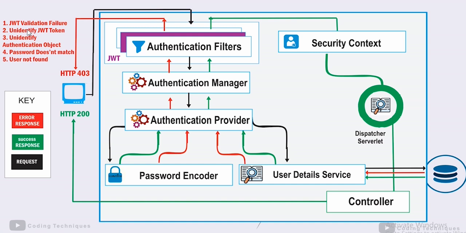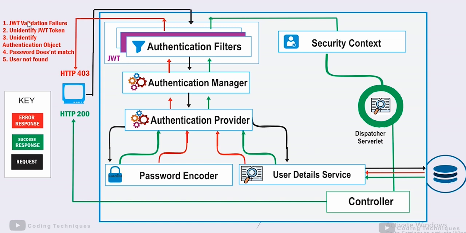We also have the unidentified JWT token, which happens in the authentication filter. And we also have password does not match, which occurs where the authentication provider uses the password encoder and the UserDetailsService. User not found occurs in the database when it is queried and doesn't find the user.